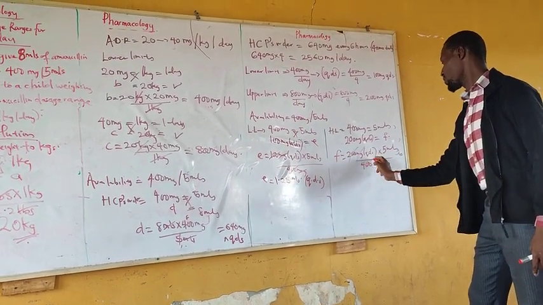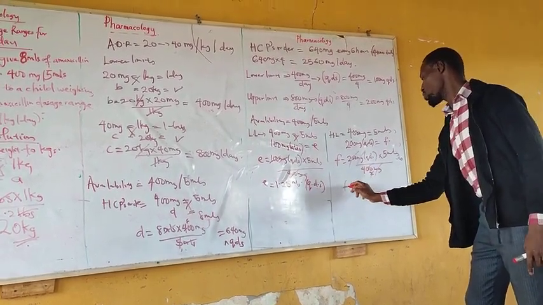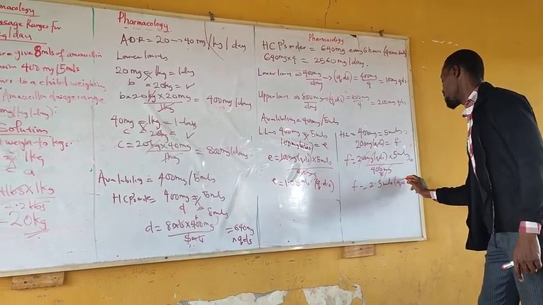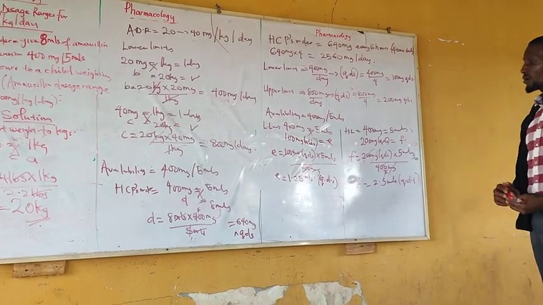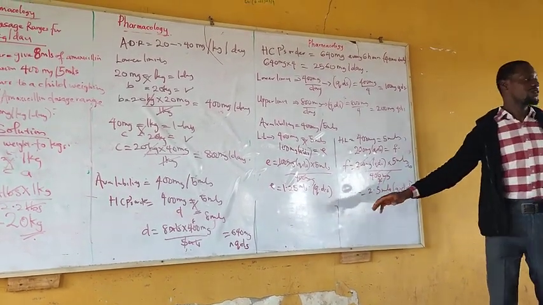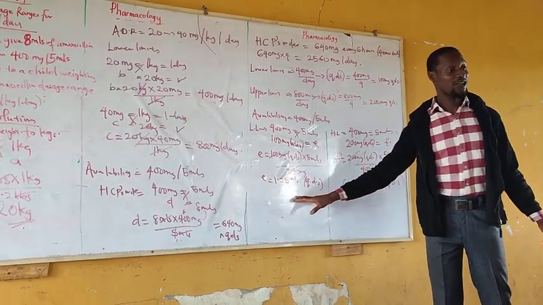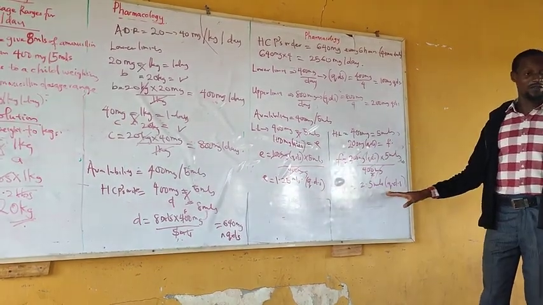Milligram cancels milligram, we have 2. So 5 over 2 will give us what? 2.5 mls QDS. So if we go by this, the lowest limit will be 1.25, the highest will be 2.5.